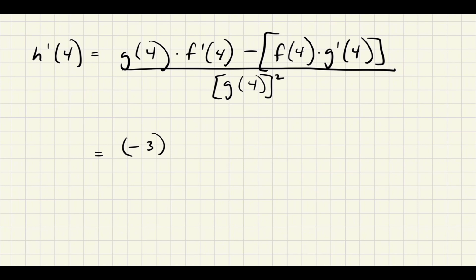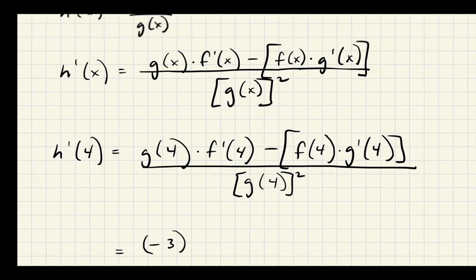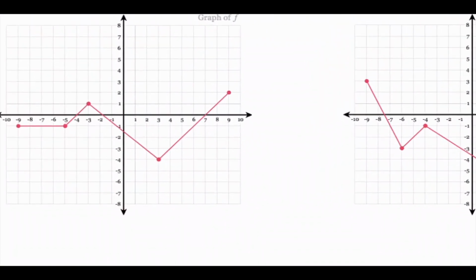Okay, so now what I have to find is f prime of 4. So I'm going to use f, but I'm not going to use it the way I just used g. When I say f prime, I mean the derivative. What is a derivative? It's a slope, right? So what I have to find is the slope at 4. Okay, so let's go to f. What is the slope of the segment it's on?